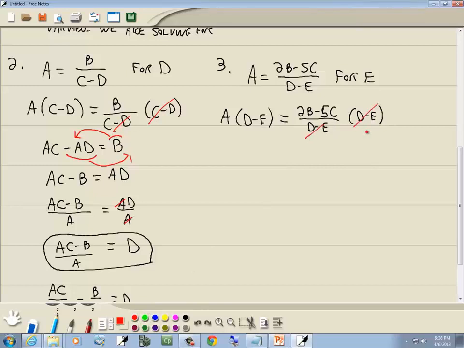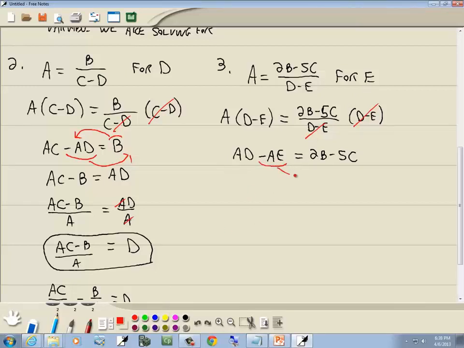The d minus e cancels here. A times d is ad. A times negative e is negative ae, equals 2b minus 5c. Okay, third step. Get everything with the variable we're solving for on one side, everything else on the other side. We're solving for e, so I'm going to get everything with an e on one side and everything else on the other side.